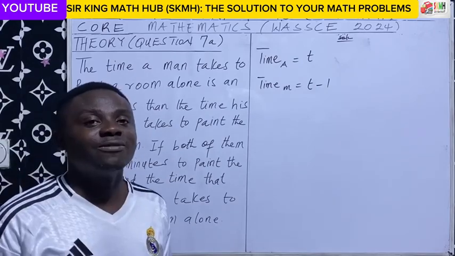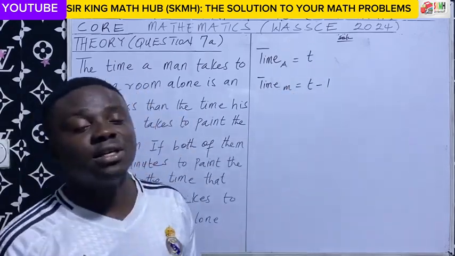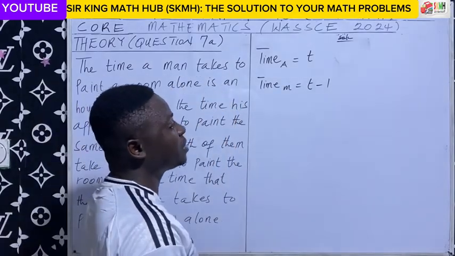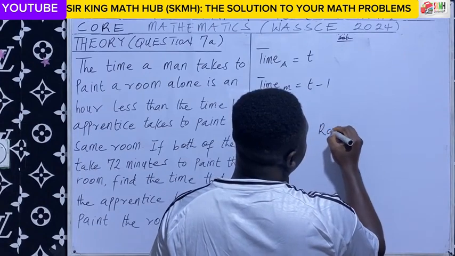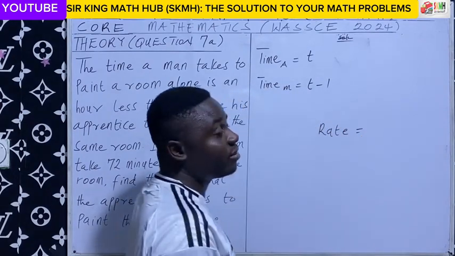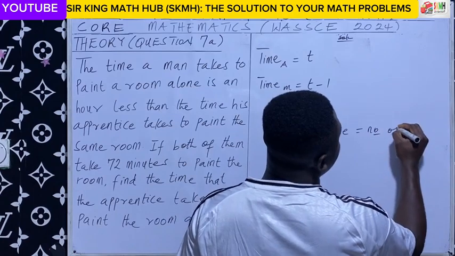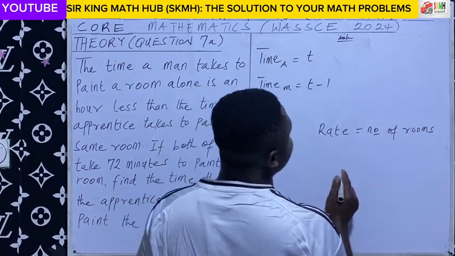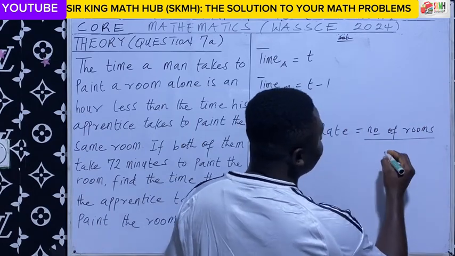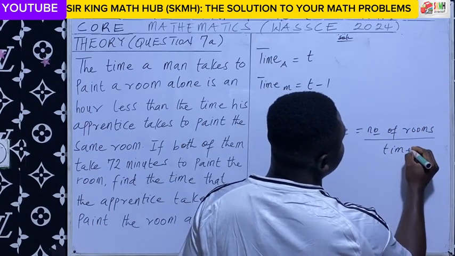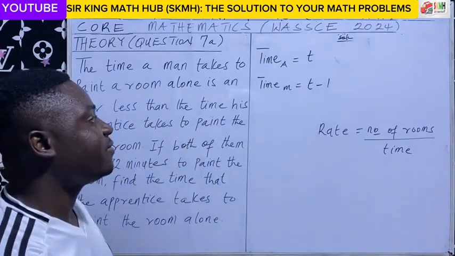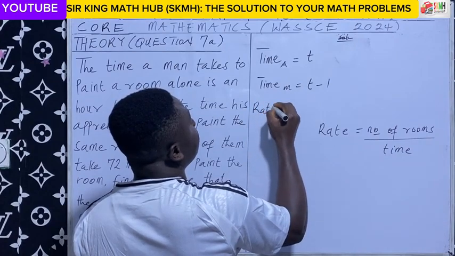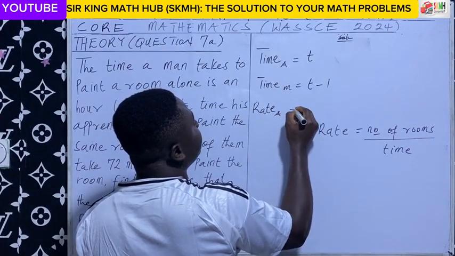Now the next thing is that we need to find their individual rates, the rate at which they are able to paint the room. So with this particular question, what will be the rate? The rate will be given by the formula, number of rooms that is painted by each individual divided by each individual's time. So with this formula, let's find the rate of the apprentice.